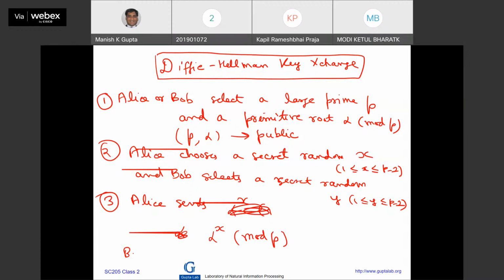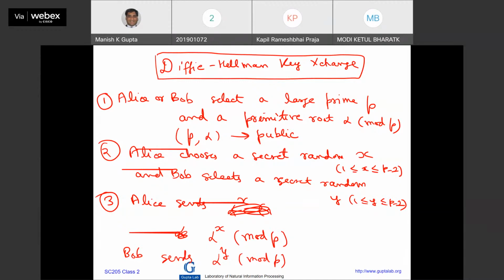And Bob sends alpha to the y mod p. Y is known to Bob, so he just computes alpha to the y mod p and sends it across the channel. So Bob will receive alpha to the x mod p.